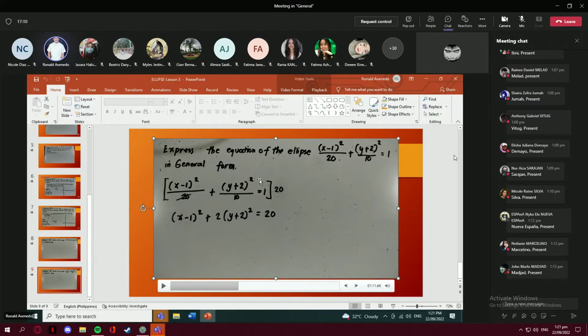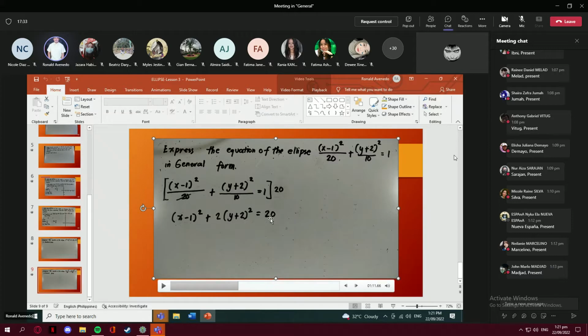And since our constant 1 is understood to have a denominator of 1, 20 divided by 1 is 20, then 20 times 1 is 20. Or in other words, if it is a constant, then just multiply it right away to the number that we're going to multiply. So here, multiply right away 20 by 1.